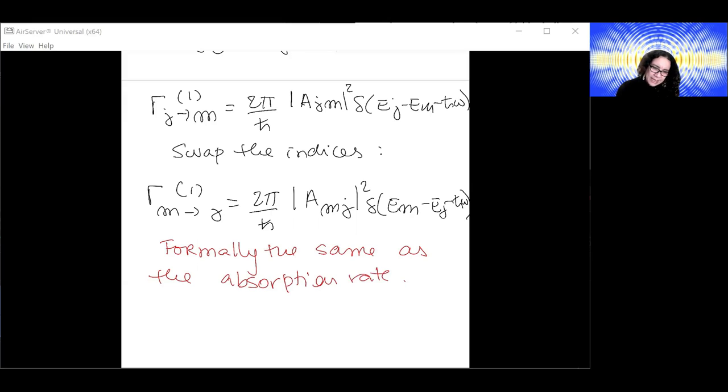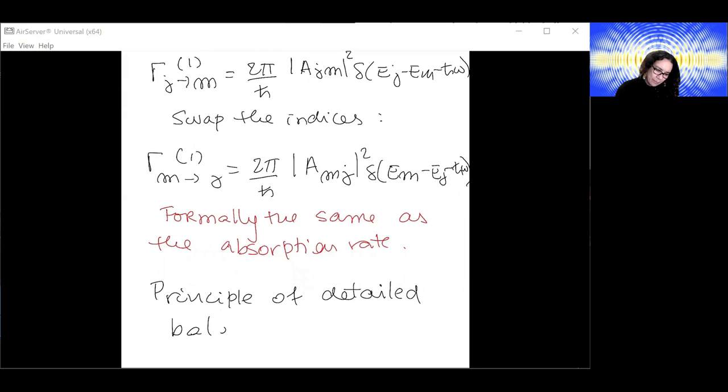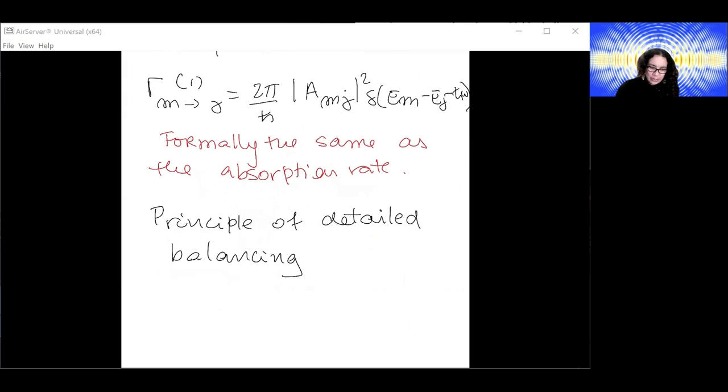And the reason for this is what we call the principle of detailed balancing, which means that the rate of stimulated emission from K to J is equal to the rate of absorption from J to K.